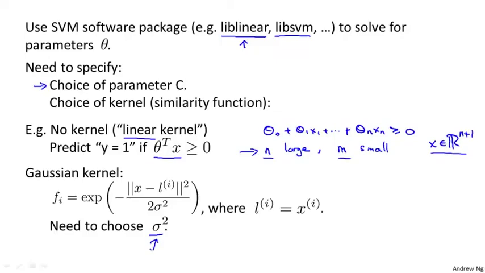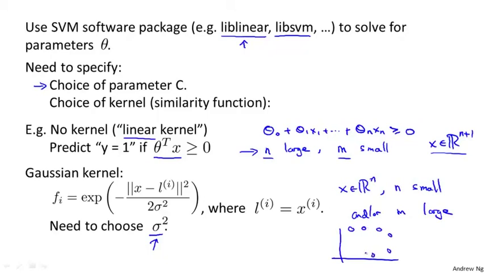So when might you choose the Gaussian kernel? Well, if your original features x are in R^n, and if n is small, and ideally, if m is large. So that's if we have, say, a two-dimensional training set, like the example I drew earlier, so n is equal to 2, but we have a pretty large training set, so I've drawn in a fairly large number of training examples, then maybe you want to use a kernel to fit a more complex nonlinear decision boundary, and the Gaussian kernel would be a fine way to do this.